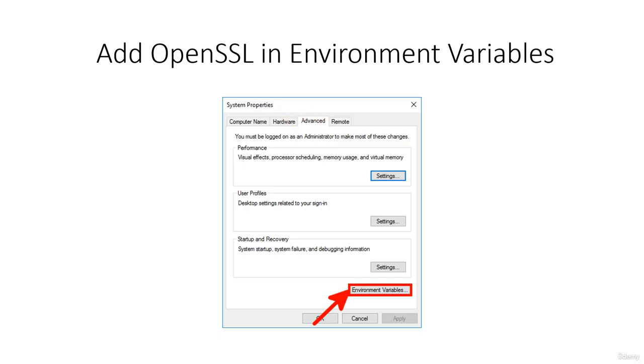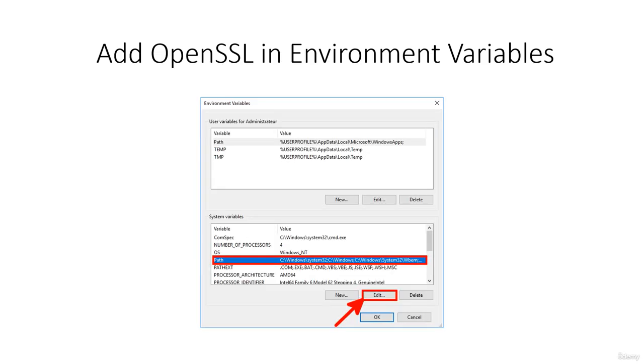In Advanced, simply go to the bottom and click Environment Variables, because we need to add OpenSSL in here. So we have to change this environment variable. Just click Environment Variables. After that, as you can see, we have a couple of variables for the administrator, like Path, Temp and TMP. But we will be using this one.